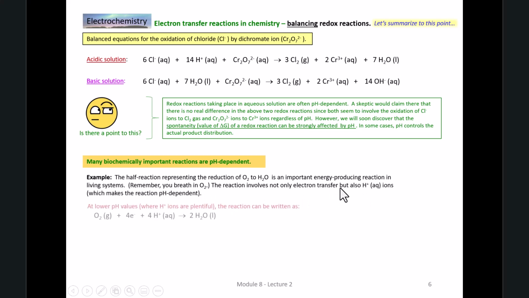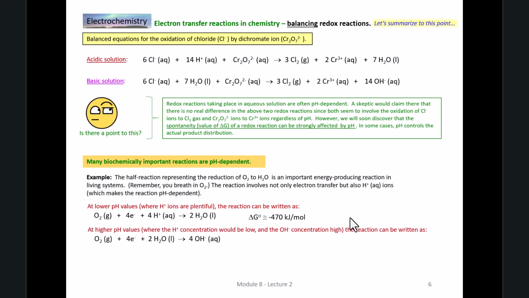So at lower pH values, where hydrogen ions are plentiful, the reaction can be written as oxygen plus 4 electrons plus 4 hydrogen ions, making 2 water molecules. And the delta G for this reaction is minus 470 kilojoules per mole, which is ridiculously negative, which means it's ridiculously spontaneous.